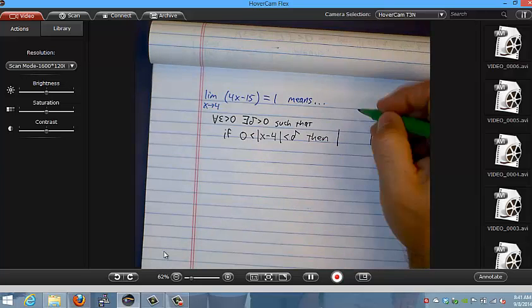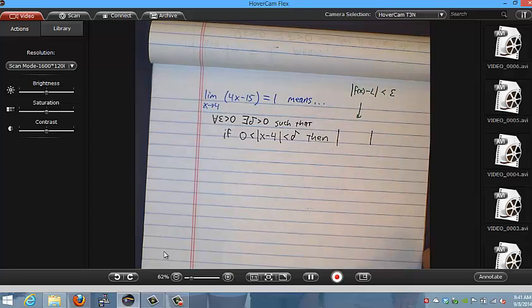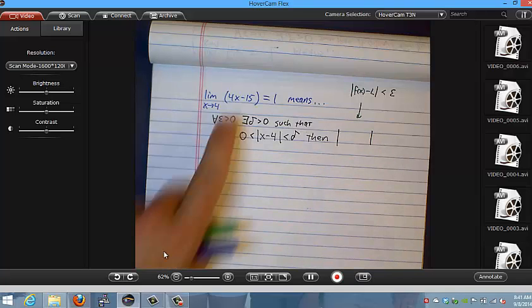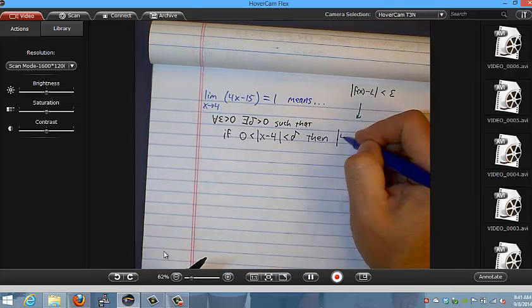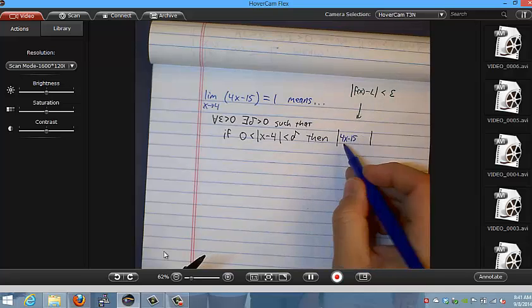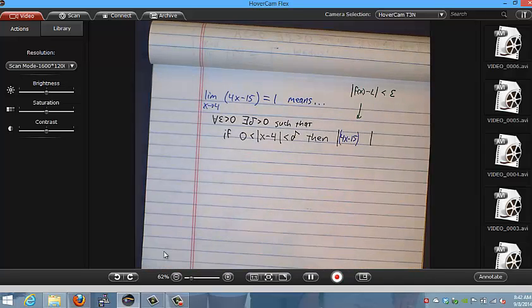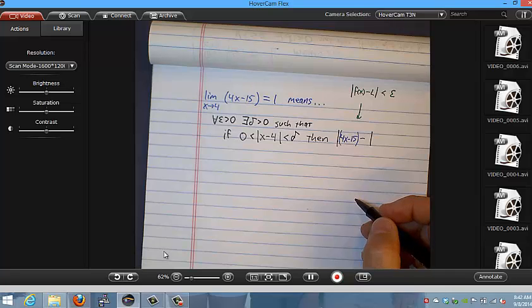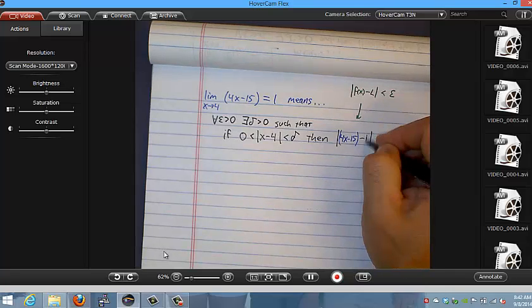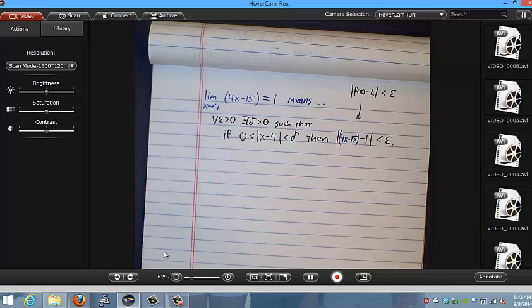Usually here, I'll say f of x minus L is less than epsilon. But I actually know what the function is. What's the function we're dealing with? This 4x minus 15. So let's put that here. 4x minus 15. That is f of x. Minus, what's the L, the limit that I have? 1, less than epsilon. Okay?